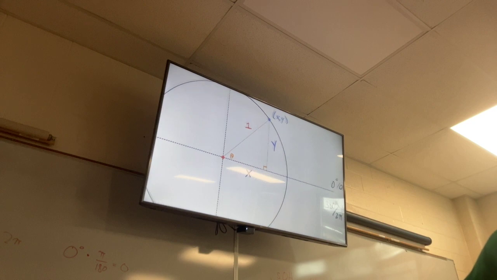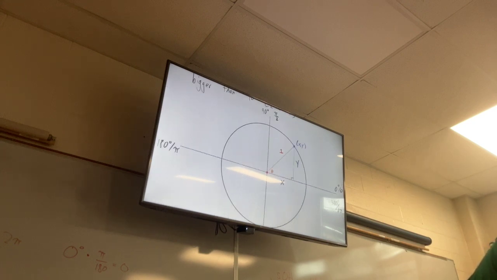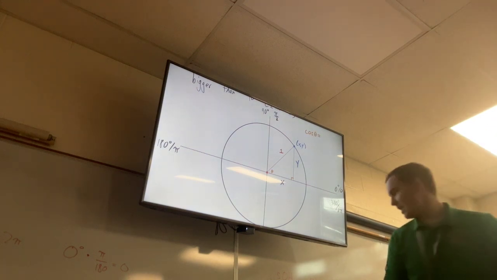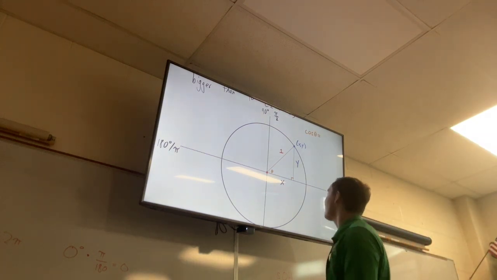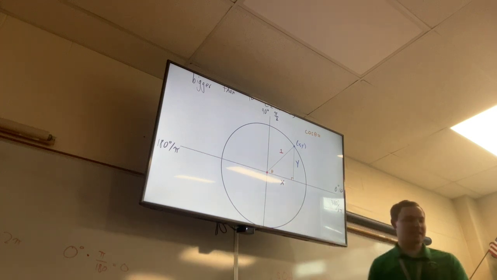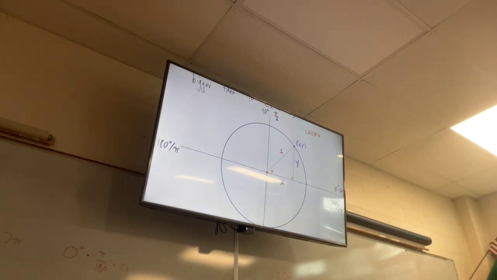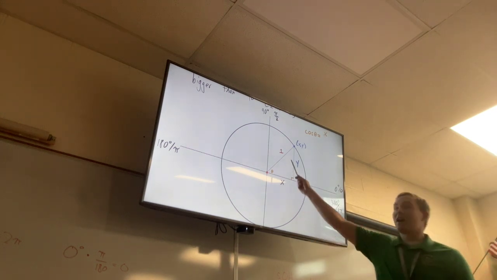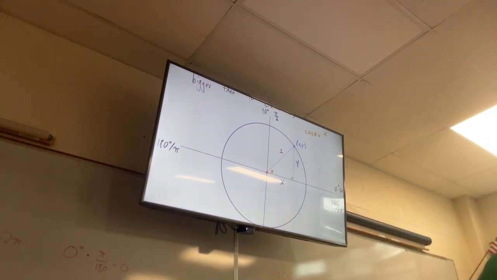All right. What would the cosine of theta be? Cosine is adjacent over hypotenuse. What's the length of the side adjacent to theta? X, yep. What's the length of the hypotenuse? It's 1. Yep, so cosine theta equals x over 1, or just x, okay?